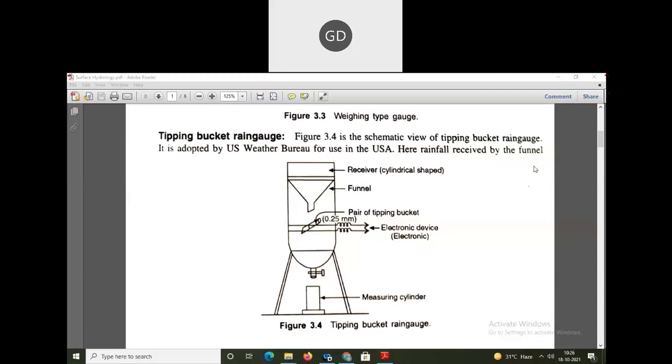Please inform me if you complete the drawing, and please be a little quick. Don't take much time. Three minutes I am giving you.